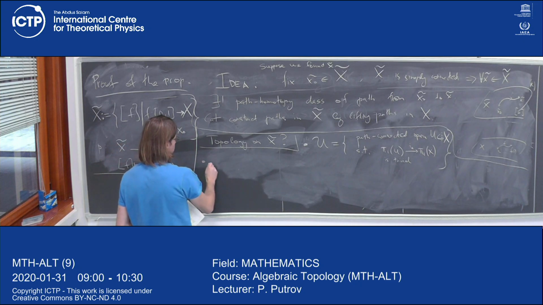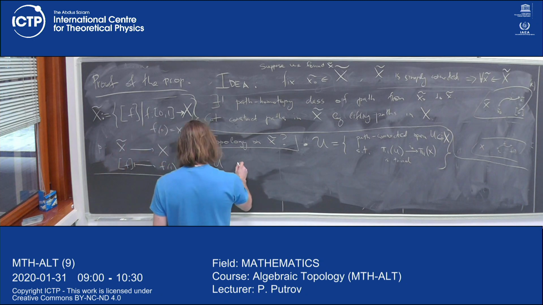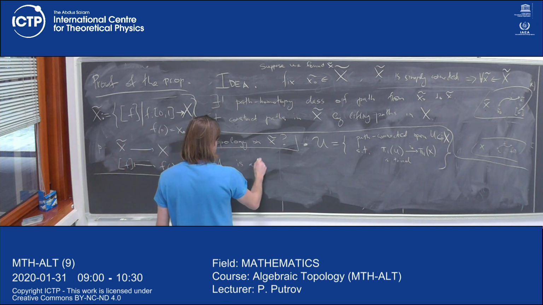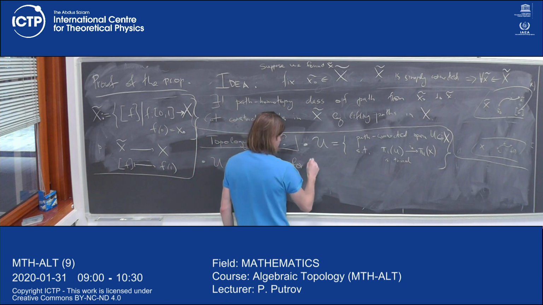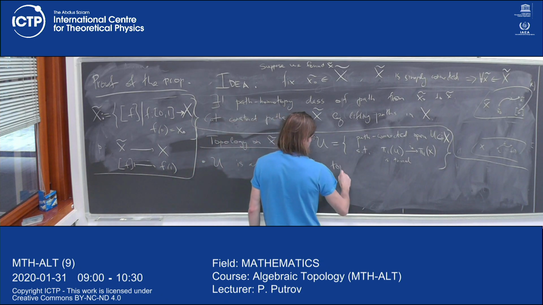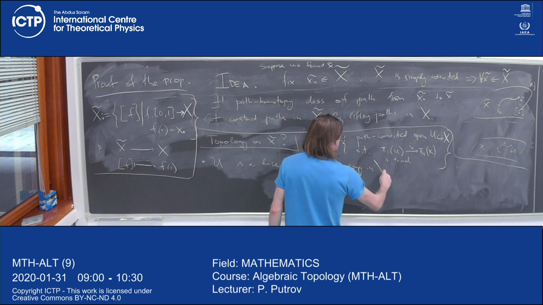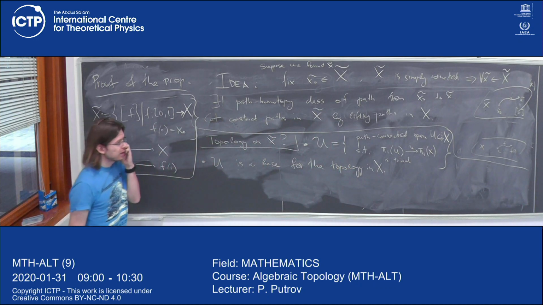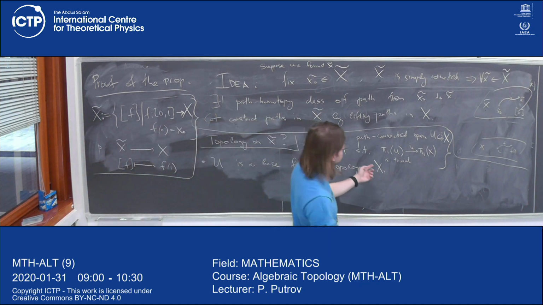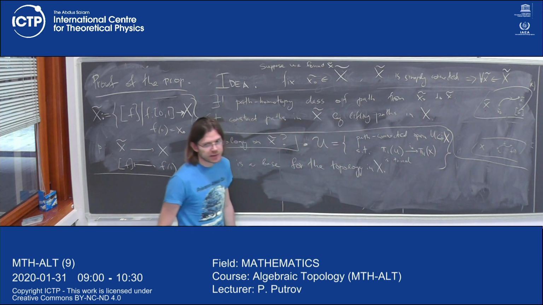And so first we want to show that U is a base for the topology on X. So not just all open sets, because here we consider not just open sets in X, but open sets satisfying a particular constraint.